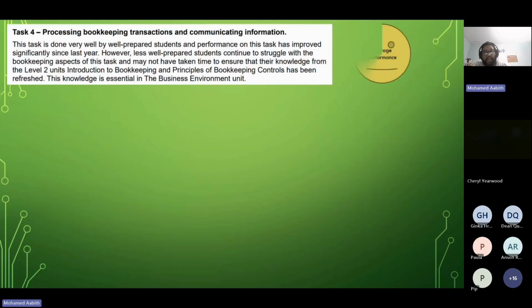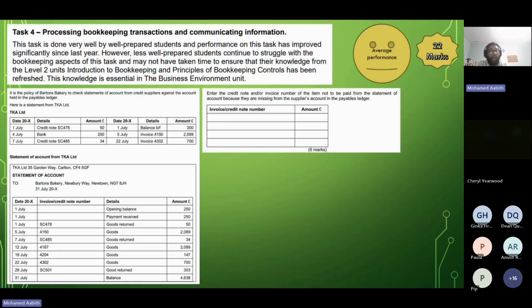So this one is an average performance question. Students do not do well if they don't revise, but if you revised well, you do very well. And this one has 22 marks. So it's the biggest question overall.